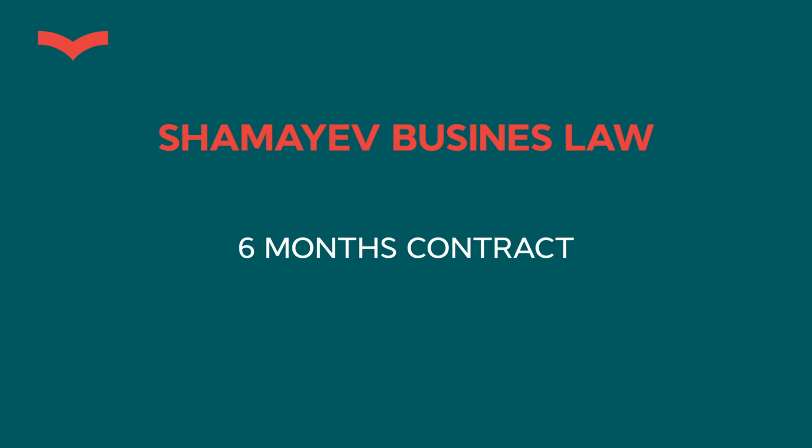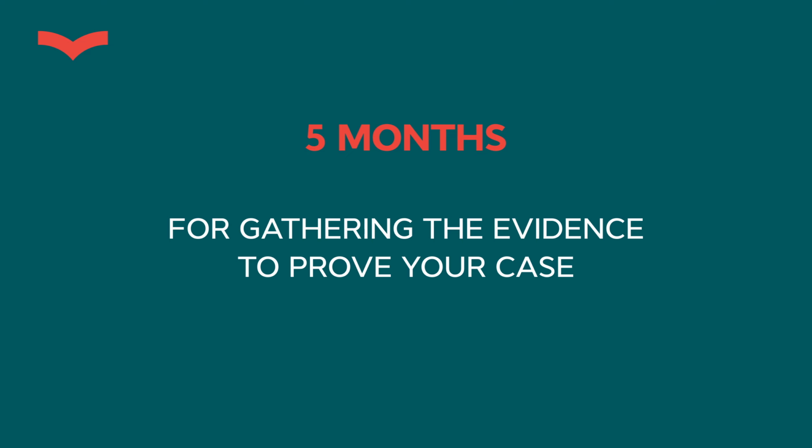That's task number one. Task number two, when you start working on your case with my team, under my strategy for the next 6 months, the first 5 months are spent to gather the evidence to prove your case, okay? And that evidence is collected with the team. I'm not participating in getting your paperwork together as a part of the evidentiary base.